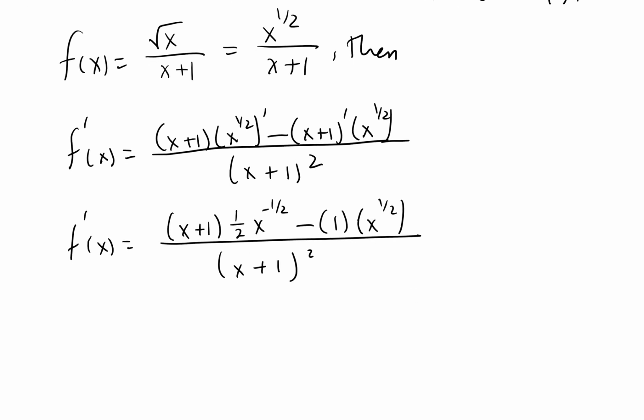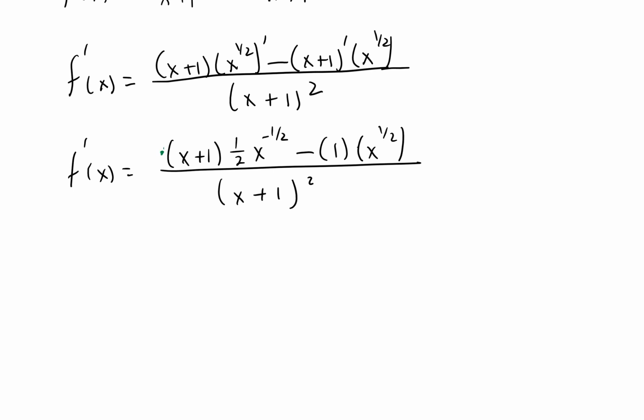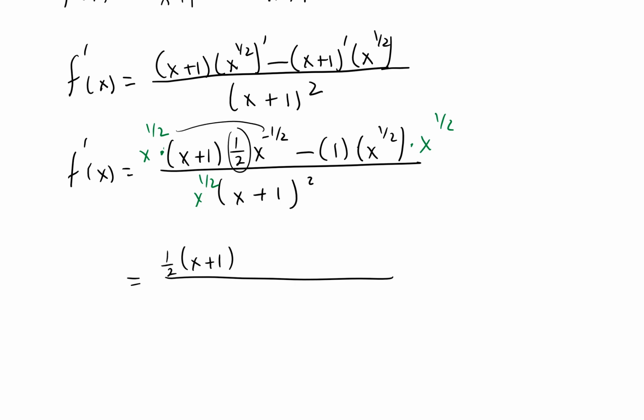That's the easiest way to do this. Multiply the first one by x to the 1/2, so that cleans up the negative 1/2, and we do the same thing for each one of them. Let's see what happened. The 1/2 stays as is, x plus 1 the same. These two, it's gone, becomes x to the 0, minus these two, x to the 1/2 and 1/2, it's x. And this is the square root of x, and this stays the same.